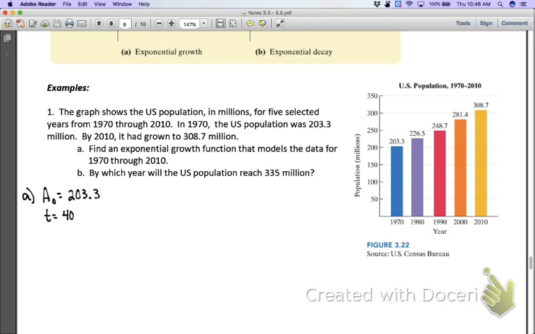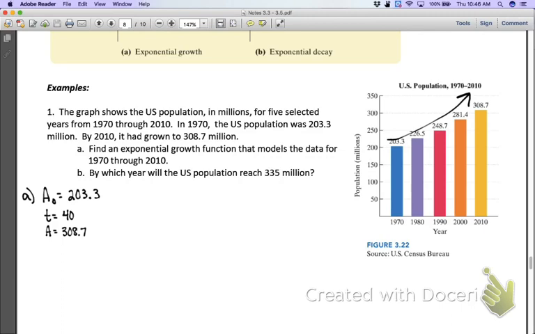So we know that our ending year is at 308.7. So then we're gonna plug it into the formula. It obviously, just by looking at our graph, is growing. So this will be growth, so our K value should be positive.